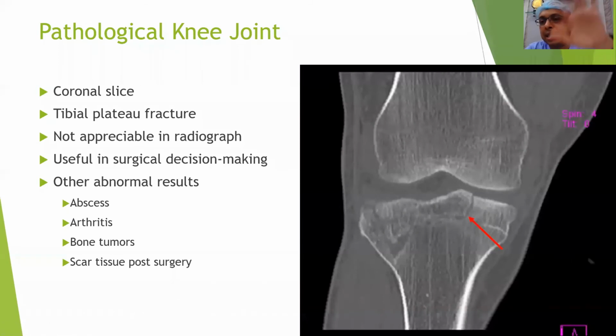You are probably in the superficial part of the bone or maybe deep within the knee joint. I am not sure where you are, because I have to look at the number of slices this individual has taken. Let's say this is a 32 slice CT, and you are probably between about 12 to 16 slices.